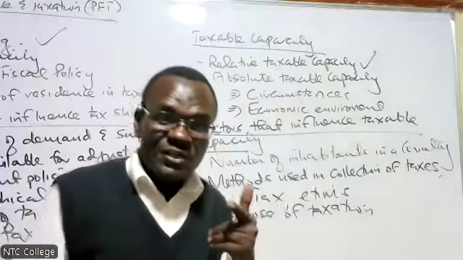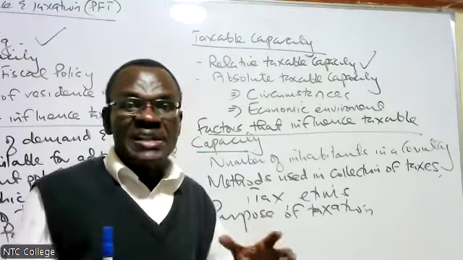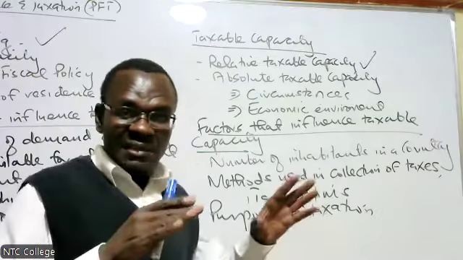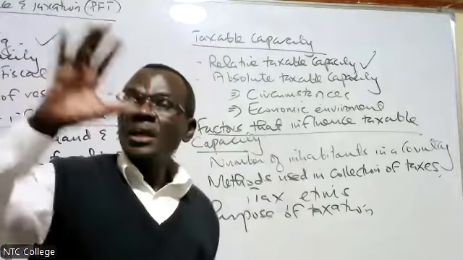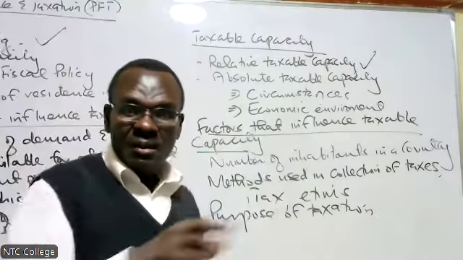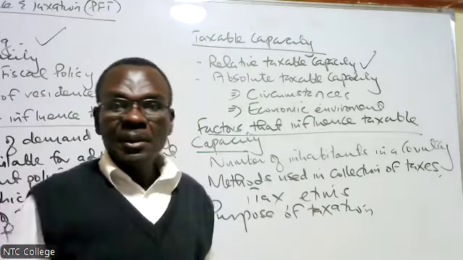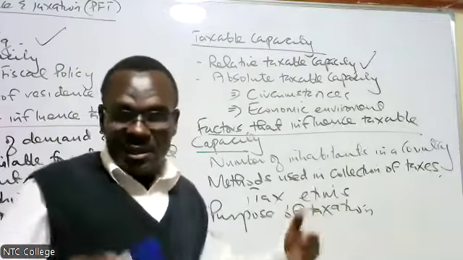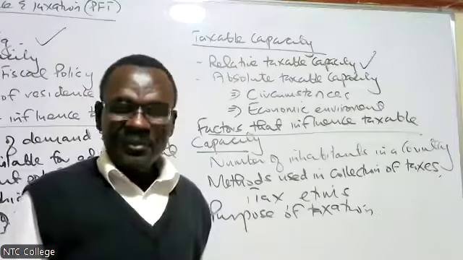But purposes of taxation will determine in this sense. If the government spends a big amount of revenue in building infrastructure, fixing roads, electricity, water, schools, providing health facilities and so on, and people can see that, it will increase taxable capacity.